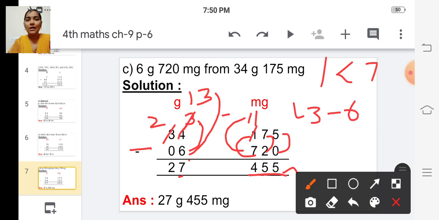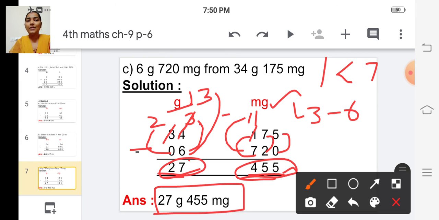And the last one, 2 minus 0 is 2. So the answer is 27 gram and 455 milligram. This is the final answer.